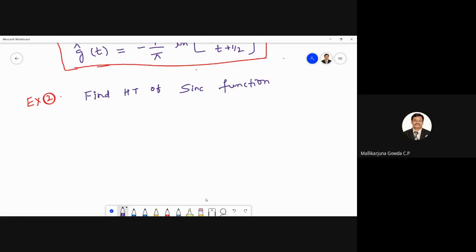You all know how we define sinc function? Can anyone say how we define a sinc function?